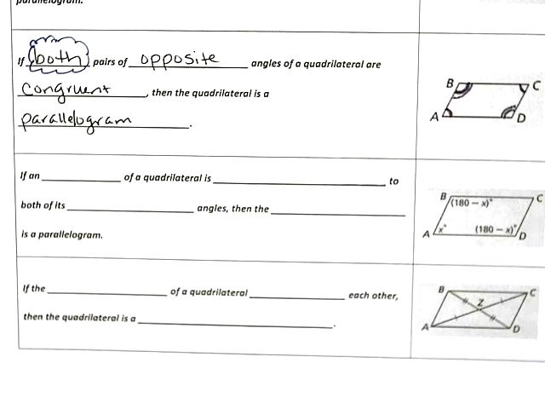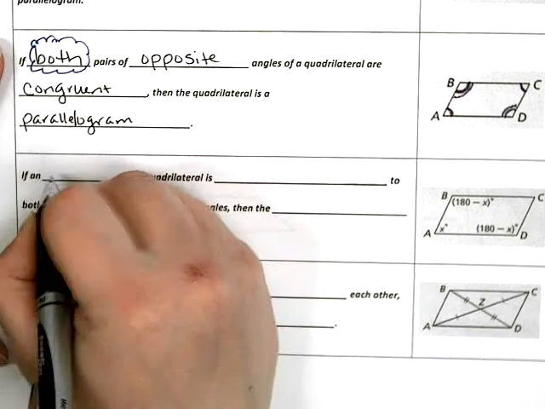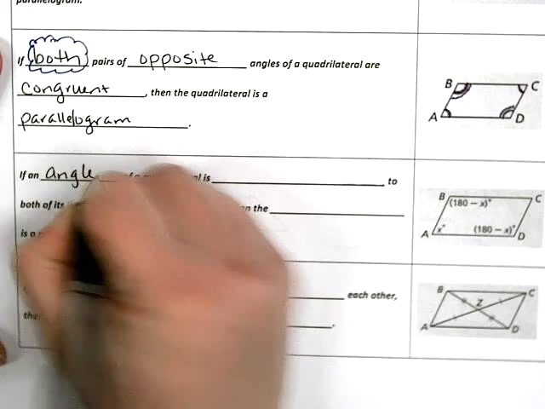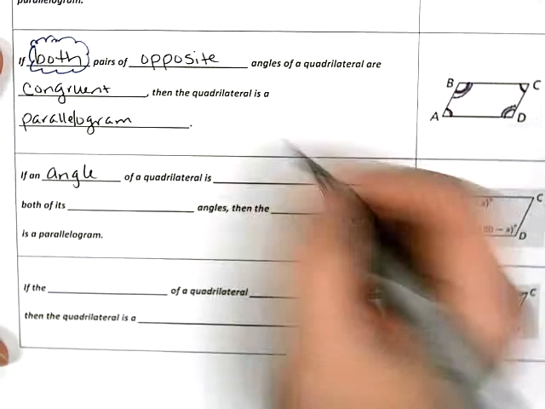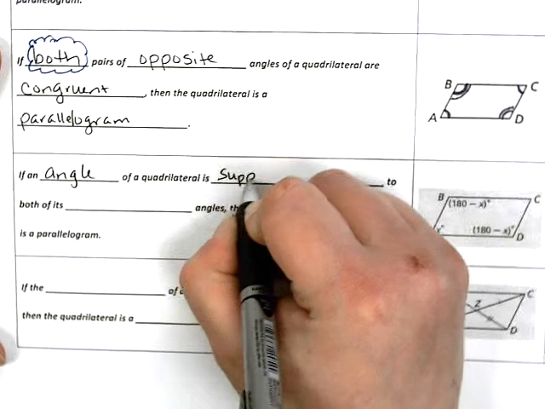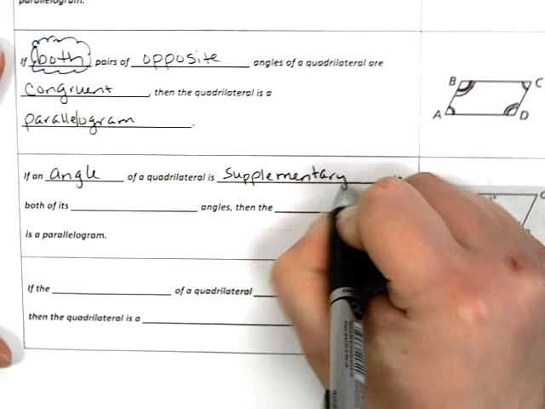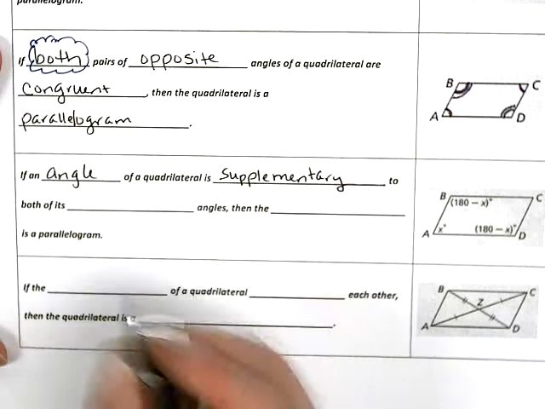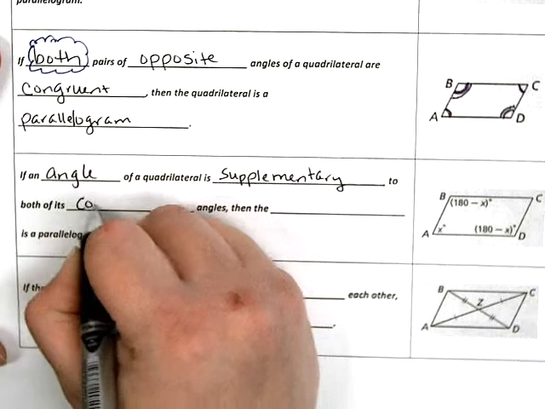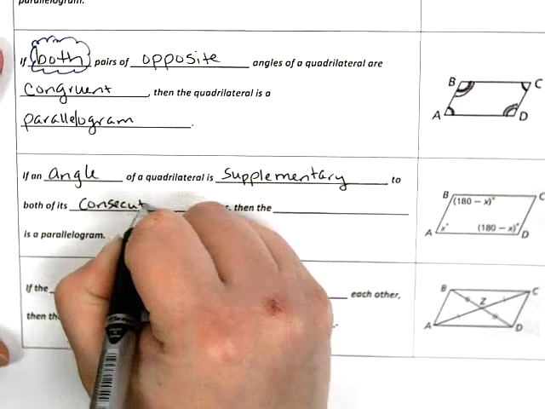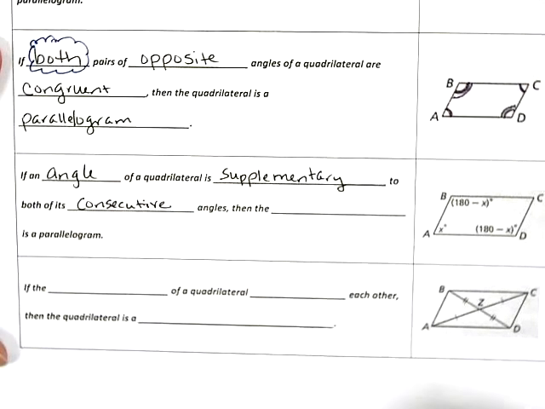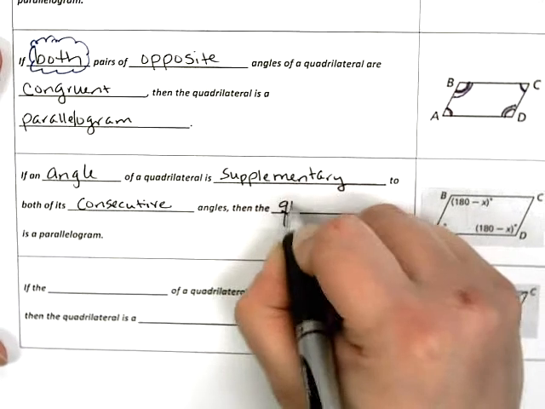Moving right along, if an angle of a quadrilateral is supplementary to both of its consecutive angles, then the quadrilateral is a parallelogram.